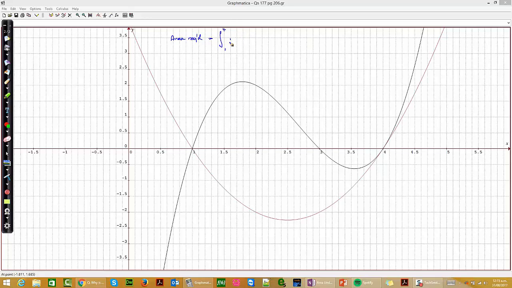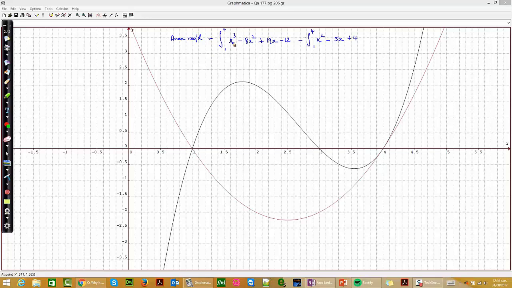So we're going to take that top function minus the same integral between 4 and 1 of the bottom function, which is the quadratic one, x squared minus 5x plus 4.